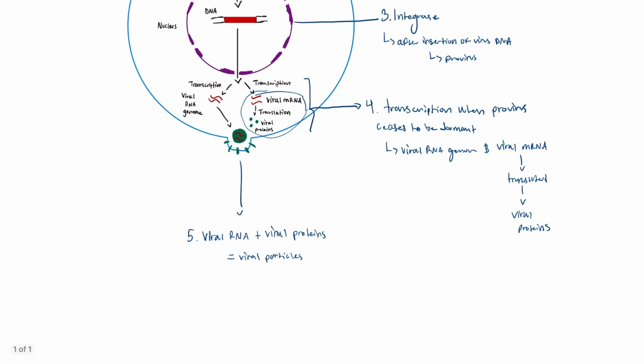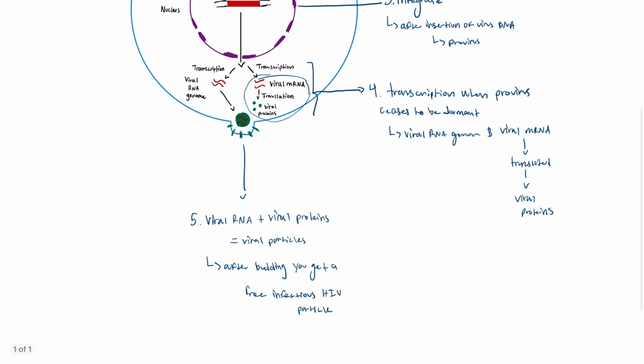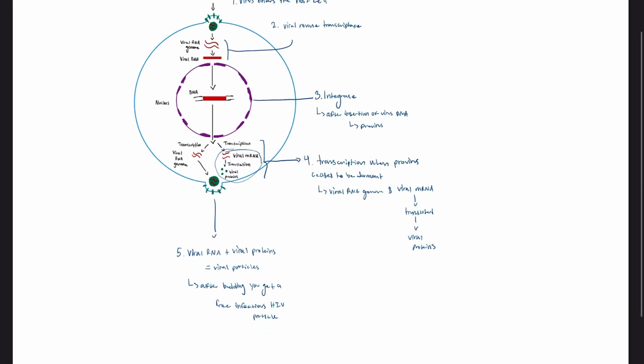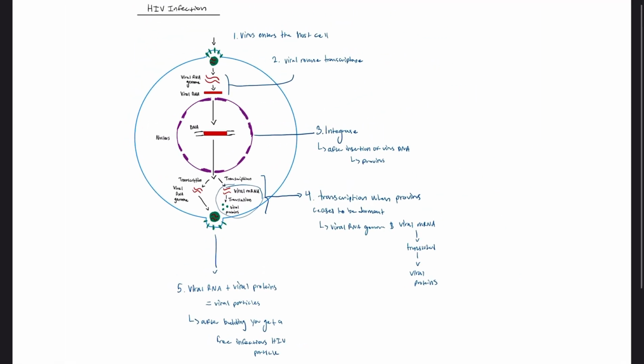So once this buds off, after budding, you get a free infectious HIV particle, right? And this new HIV particle that just now budded off from your host cell is going to be able to infect other cells, right? And so that right there is the HIV infection pathway pretty much simplified.